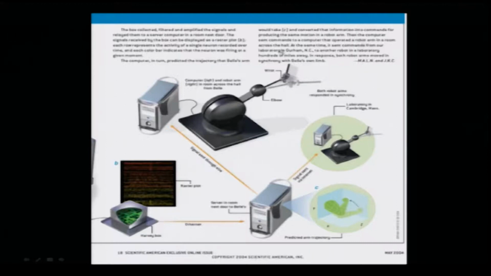Then the computer sent commands to a computer that operated a robot arm in a room across the hall. At the same time, it sent commands from our laboratory in Durham, North Carolina, to another robot in a laboratory 600 miles away in Massachusetts.